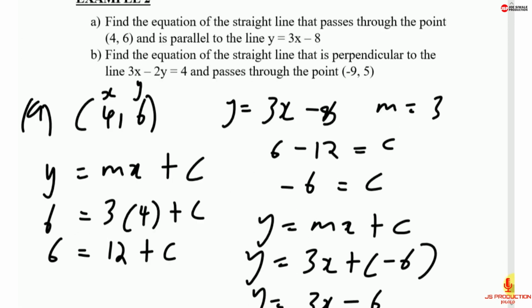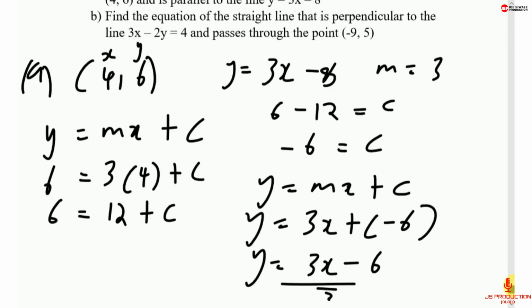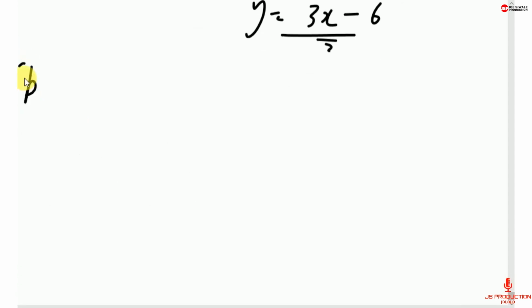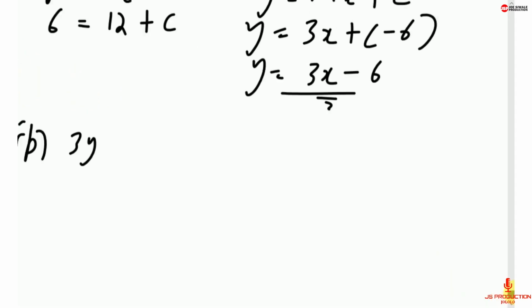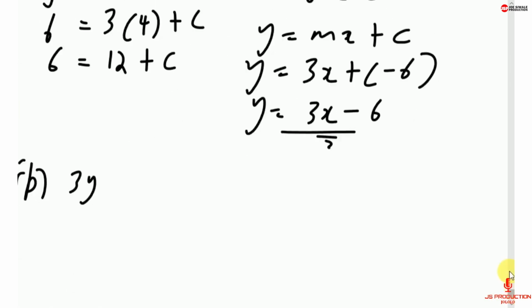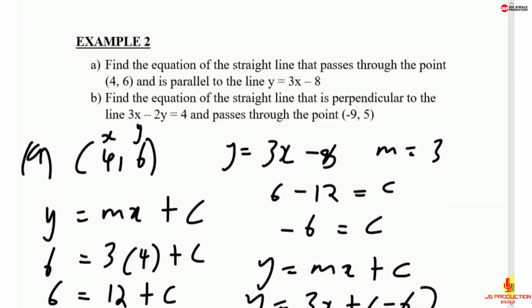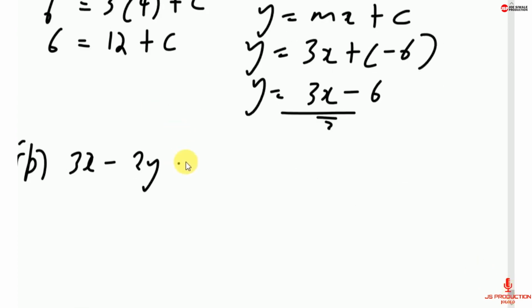So that is perpendicular to 3x minus 2y is equal to 4, and passes through the point negative 9, 5.